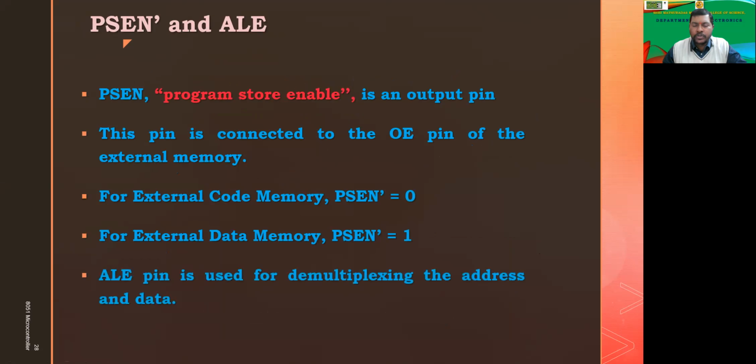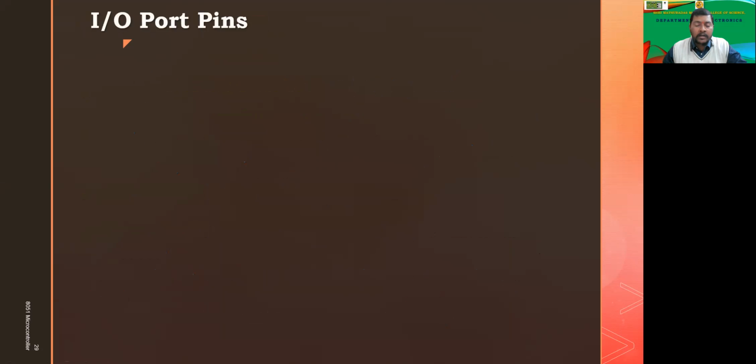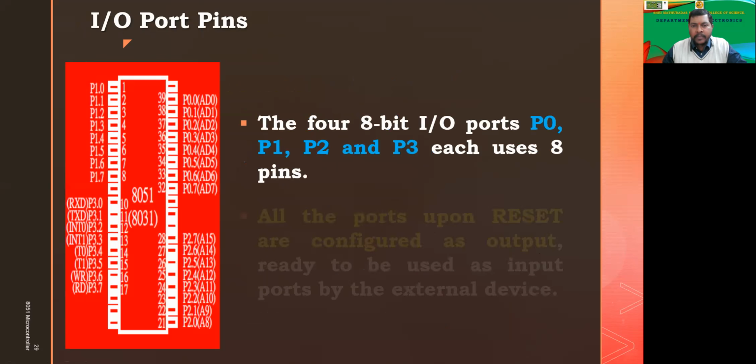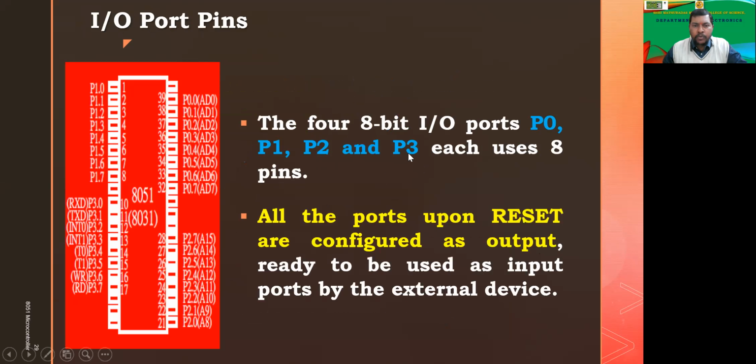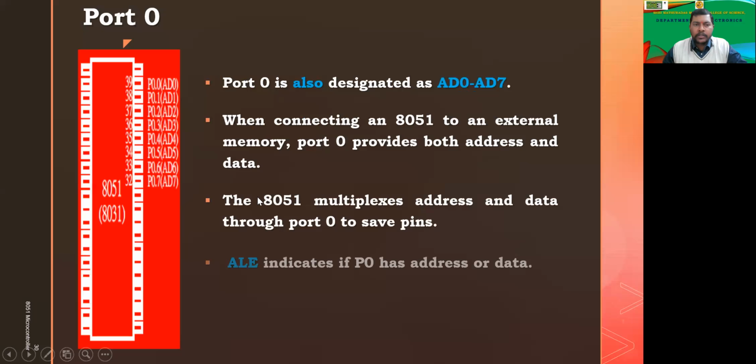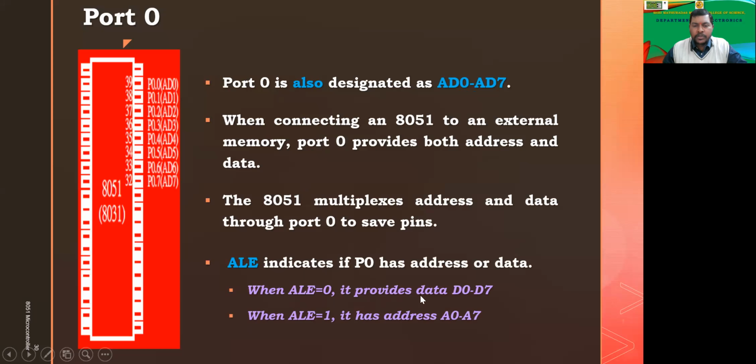Address latch enable is for port 0, where the 8 lines can be used for address as well as for data. These are the four 8-bit ports, P0, P1, P2, and P3. Each uses 8 pins. Port 0 can be multiplexed to use as data as well as address, which is commanded by address latch enable. If it is 0, then it is used for data D0 to D7, whereas when address latch enable is high, it is used for the lower order address bus.